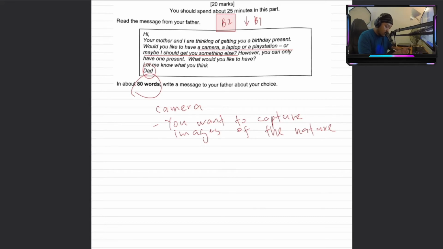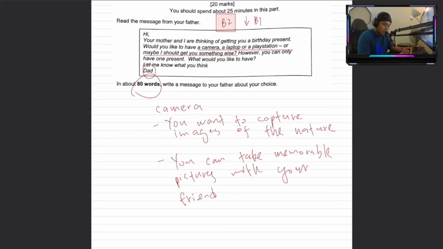And then number 2, you can take memorable pictures with your friends. Let's say you are already in your Form 5 and this is your last year together with your friends, and you really need that camera so that you can take the pictures together. So this is your point. Both of these are your points, and then you need to elaborate. So you already have your points over here, so everything is going to be easy.